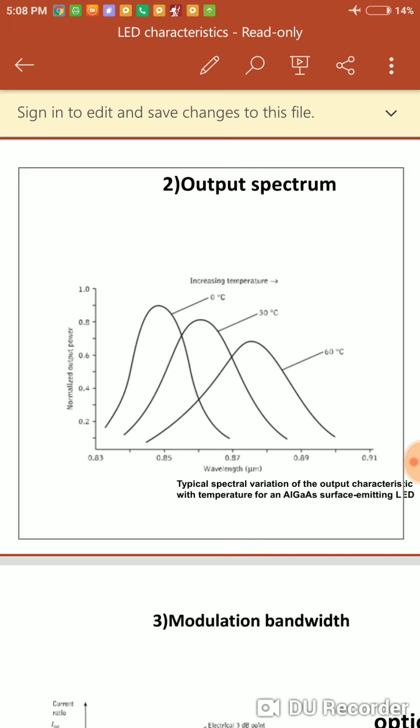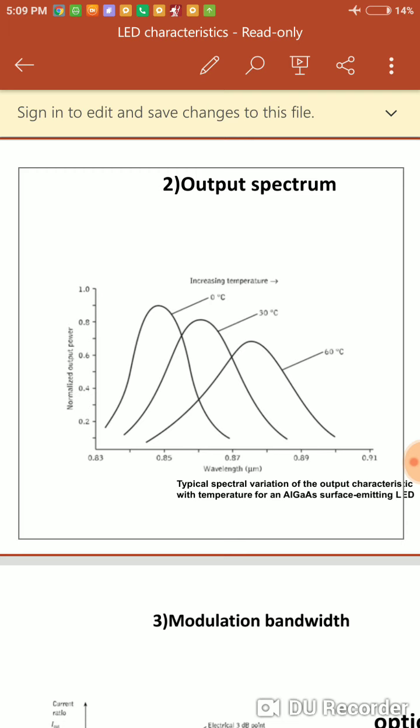The width of the graph gives the range of highest wavelength and lowest wavelength. If the output spectrum is broader, more wavelength components are present and the line width of the optical source is more, meaning it is not an intense beam, so that source is not chromatic. In the case of a chromatic source, there is a unique wavelength component, so the output spectrum will be narrow. That is the first concept to understand related to output spectrum.